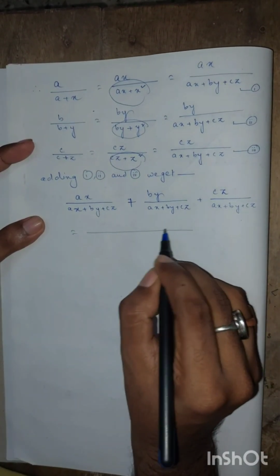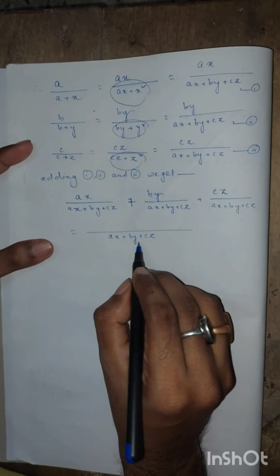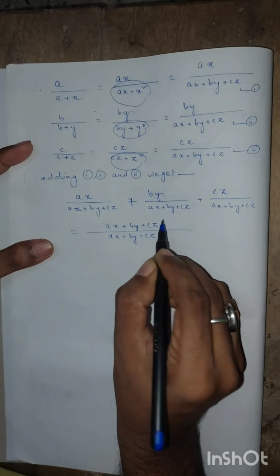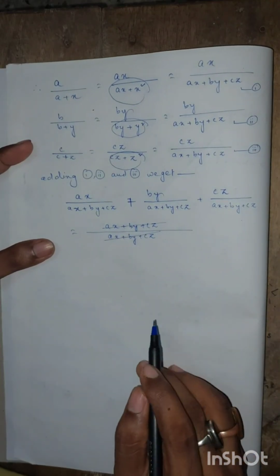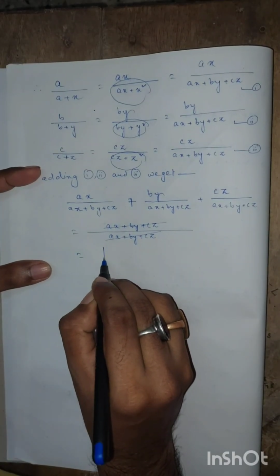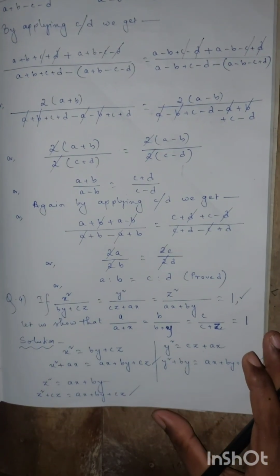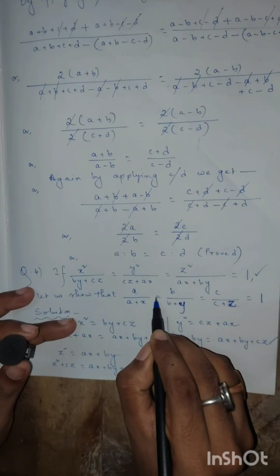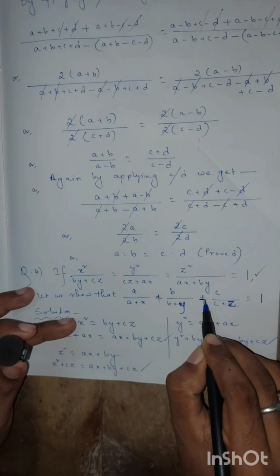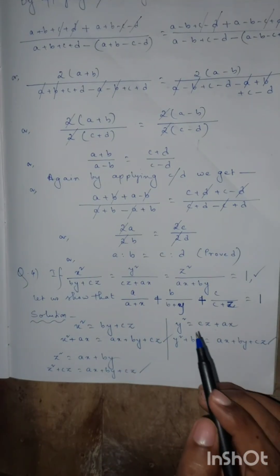So the LCM is ax plus by plus cz, and the numerator becomes, so the whole quantity in the numerator and the denominator can be cancelled out, so it gives us 1. Sorry friends, I have made a mistake. Okay, in place of equal to, it should be plus. Okay, so this is what we needed to prove.